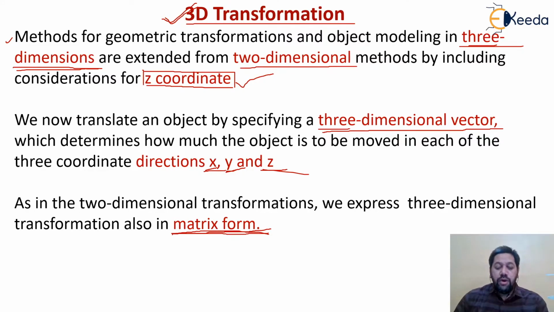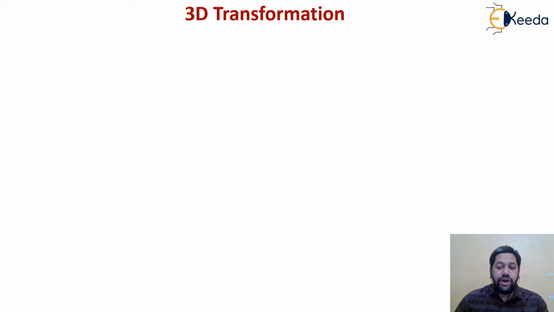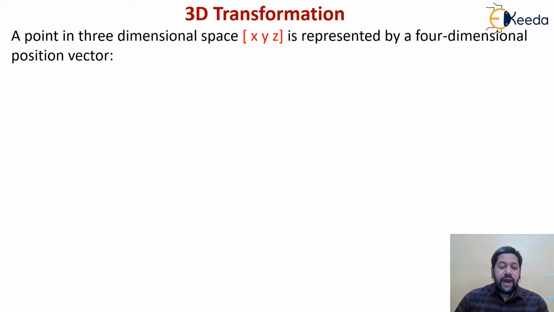Now we move to the next slide to understand further details. The first thing we have to concentrate on is how a point in 3 dimensional space is represented. In 3D, my point has the values x, y, and z, with x direction, y direction, and z direction.